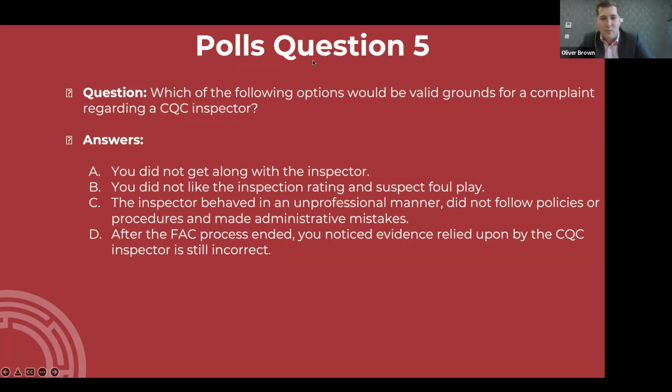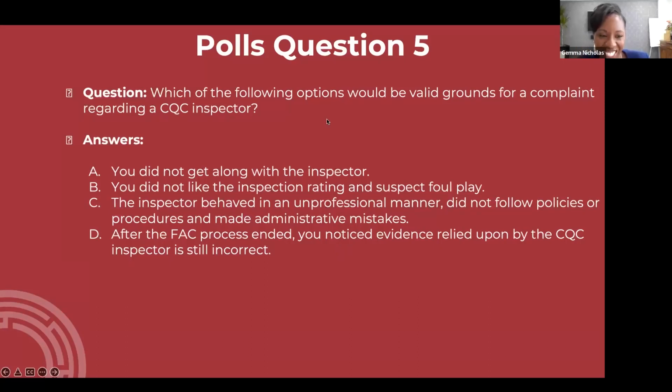It's essentially which one of the following is a valid grounds for a complaint regarding a CQC inspector. Have people voted, Gemma? People have voted, yes.